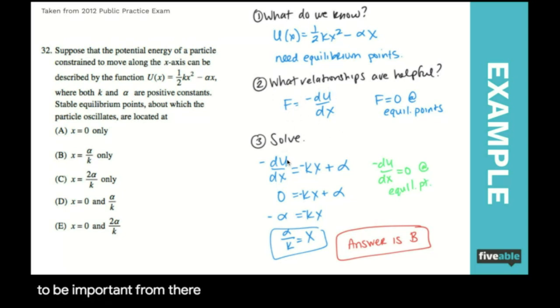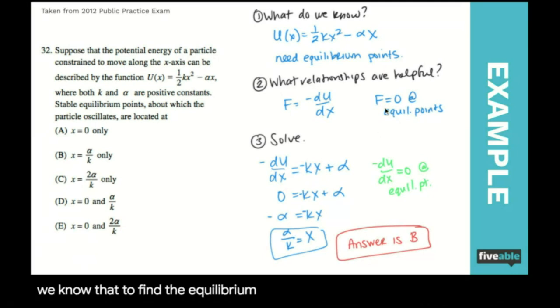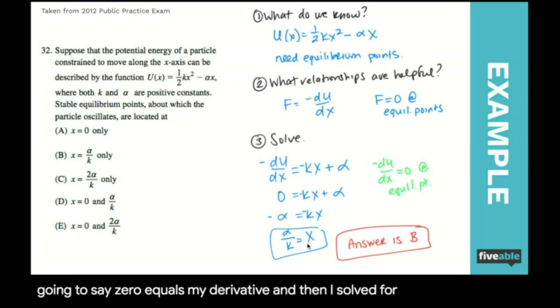From there, to actually solve it, we're just going to take the derivative of this potential energy function, make it negative. Once we do that, we know that to find the equilibrium position, the force has got to be 0. So I'm going to say 0 equals my derivative, and then I solved for x. So our answer is B here.